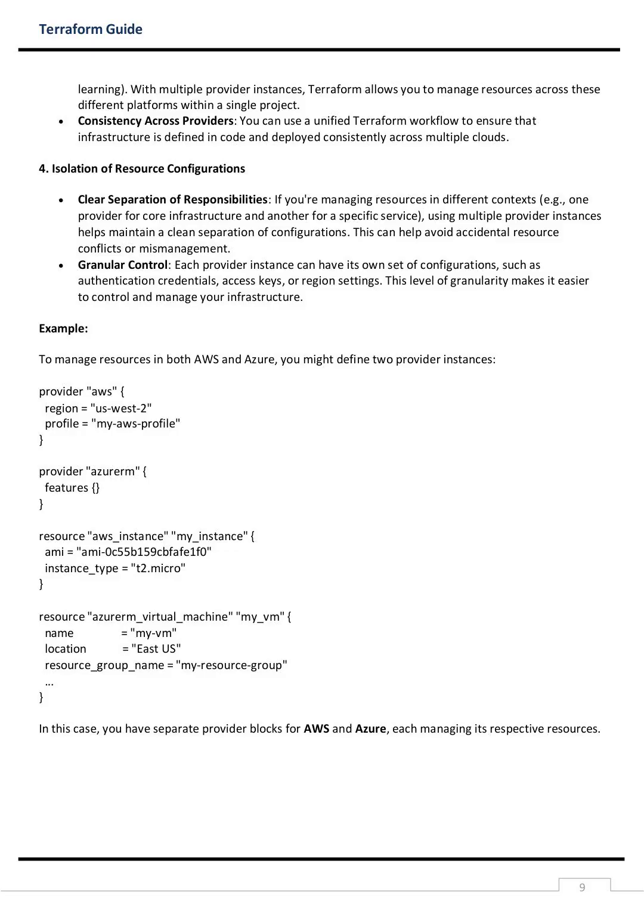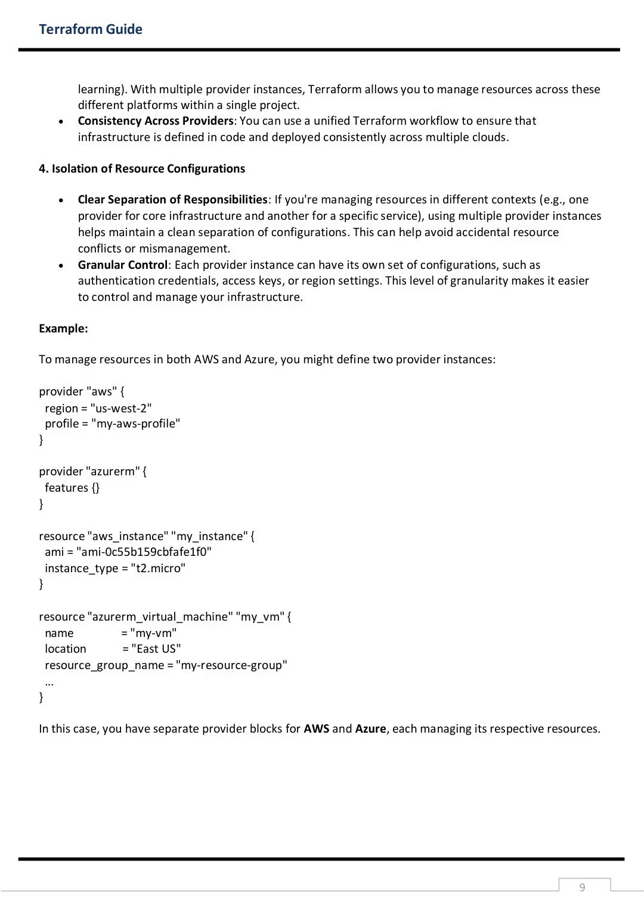Isolation of resource configurations. Clear separation of responsibilities. If you're managing resources in different contexts, for example, one provider for core infrastructure and another for a specific service, using multiple provider instances helps maintain a clean separation of configurations.